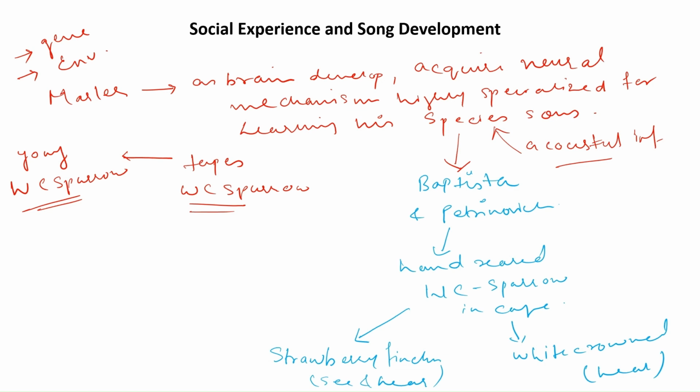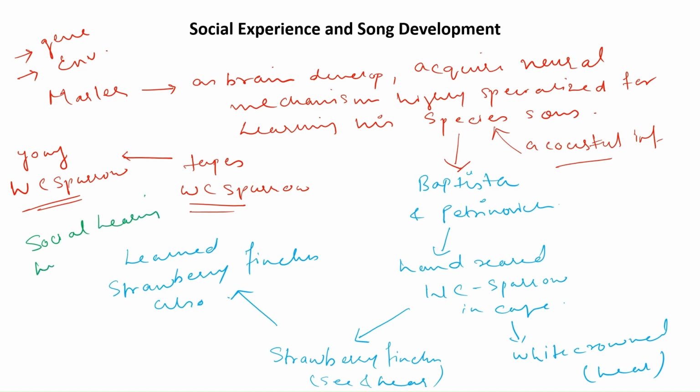So now, what result was obtained from this experiment? These young sparrows learned the song of strawberry finches also. That means the environment definitely has its effect. Such an experiment is known as social learning hypothesis testing.